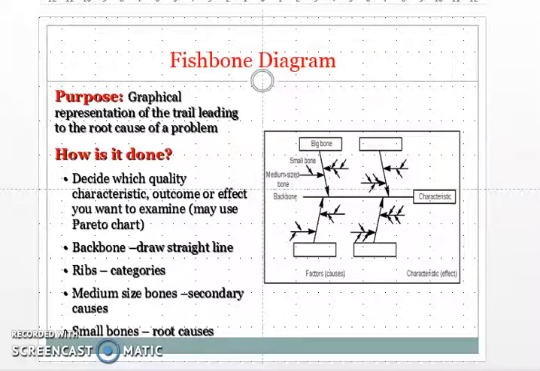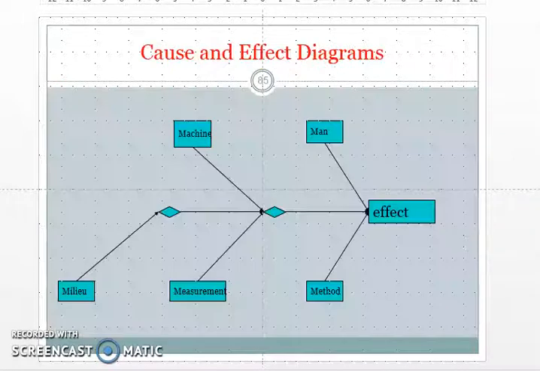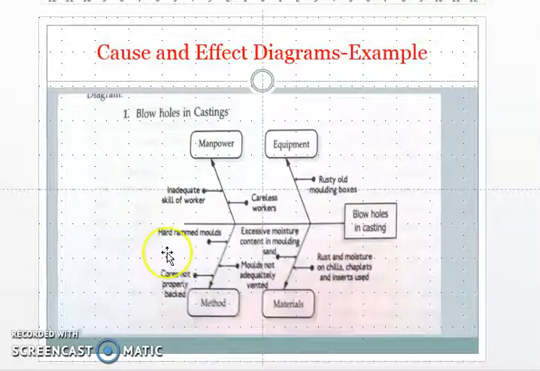We will understand it by using some examples. Once again, this will be the effect: man, machine, measurement or method. We will see one good example of casting blowholes.